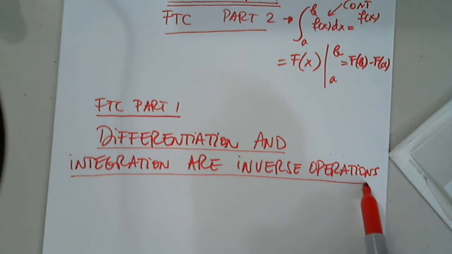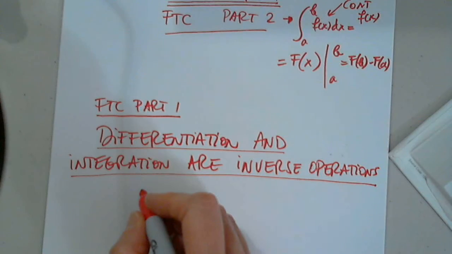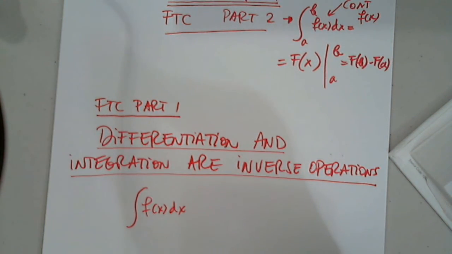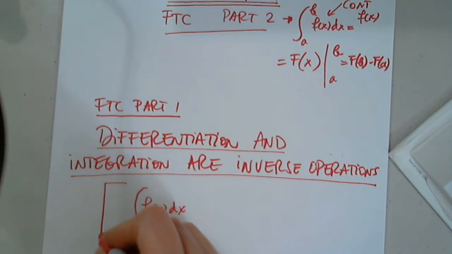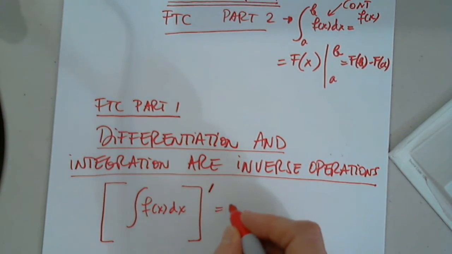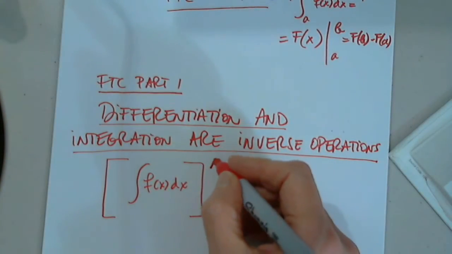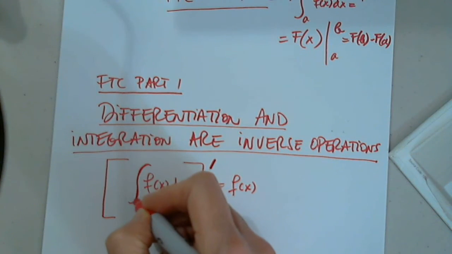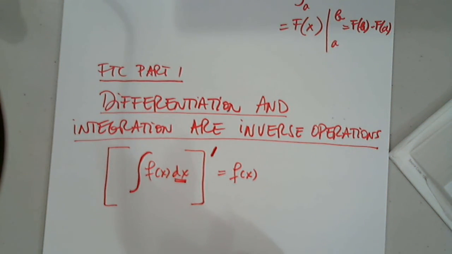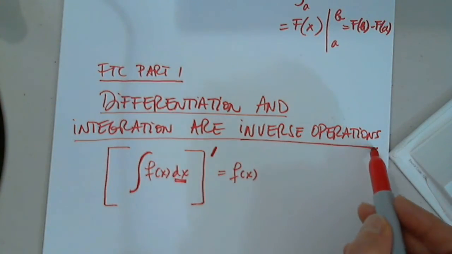In other words, what does that mean? When I integrate f of x dx and I differentiate it, I get the function. This operation and this operation cancel out. Why? Integration and differentiation are inverse operations.